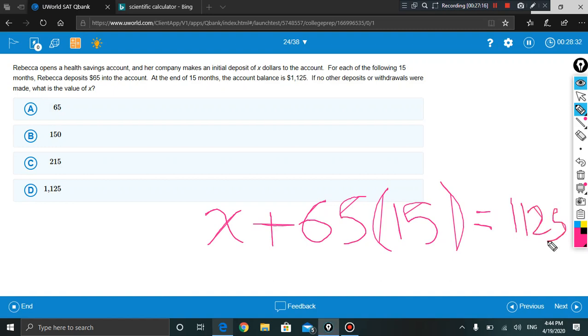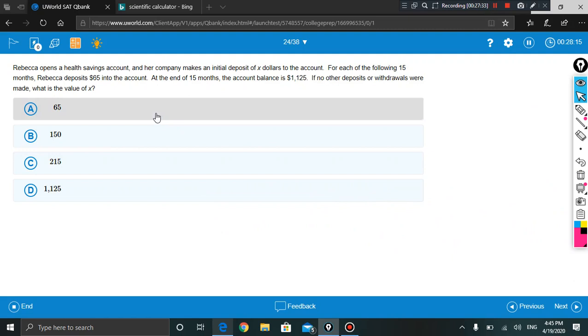So let me go ahead and calculate that. X plus 65 times 15 is equal to 1125. 150 is the answer. So let's go ahead and choose 150.